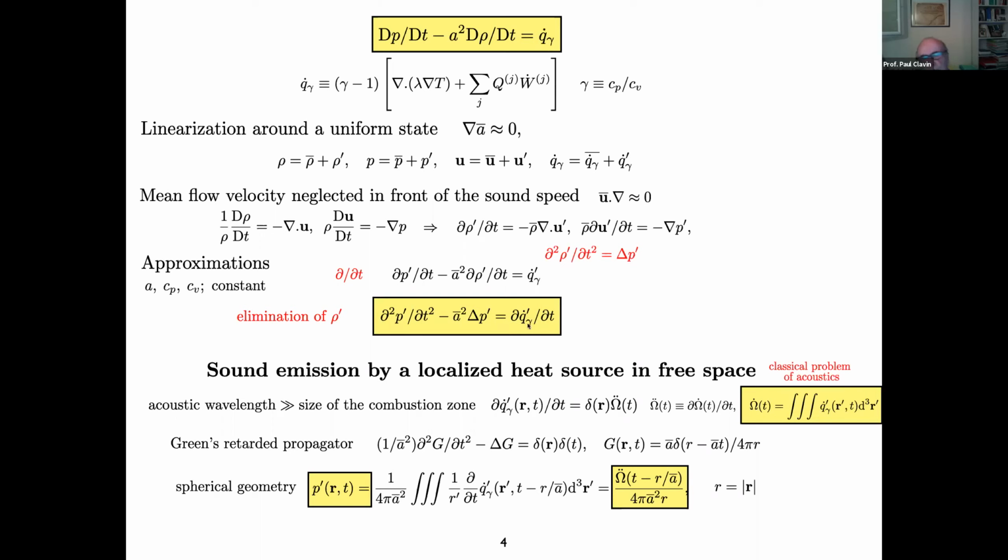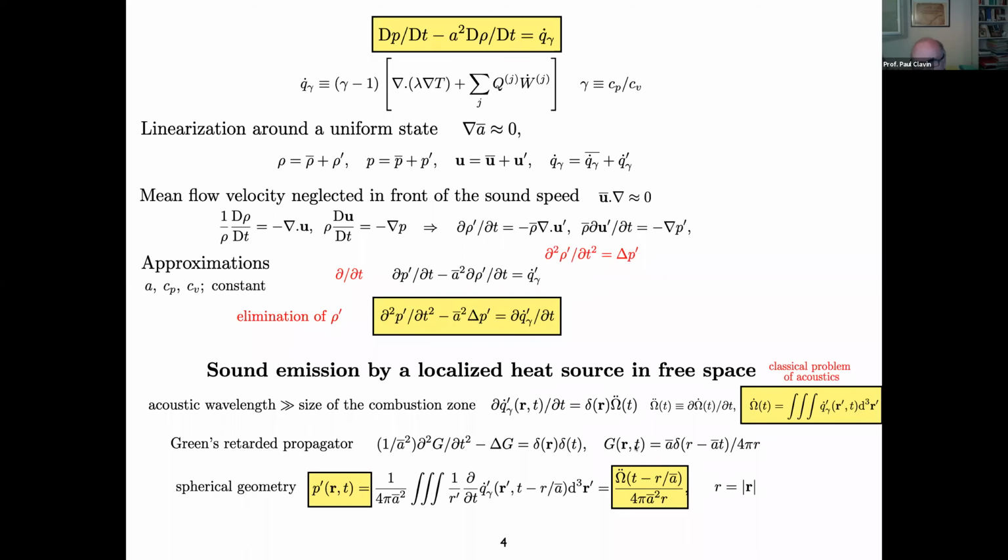It is the response to a local instantaneous heat release. So if you use this, you obtain the general solution.